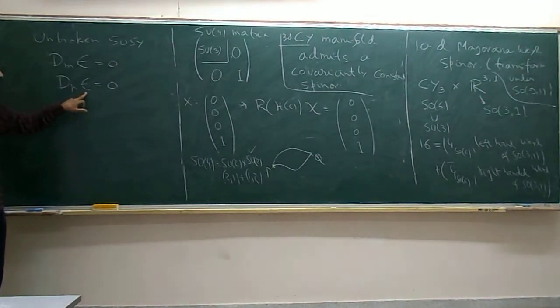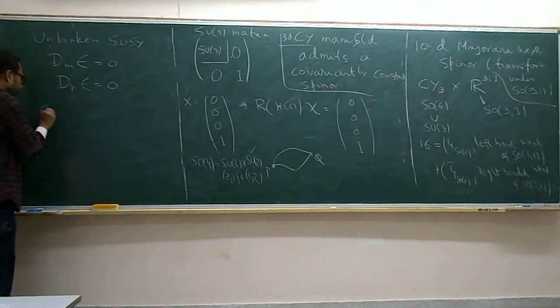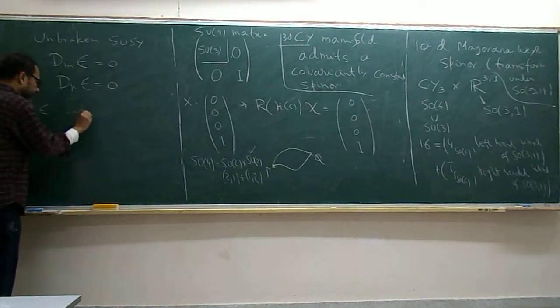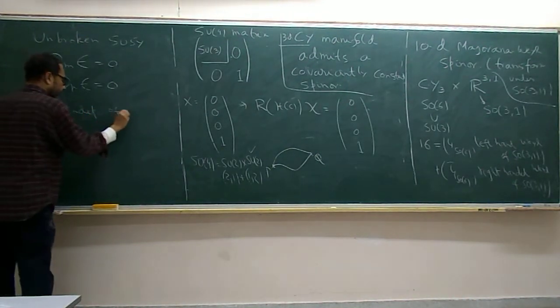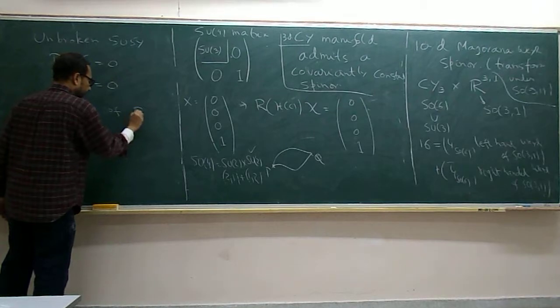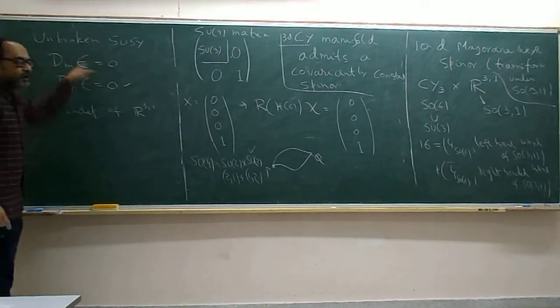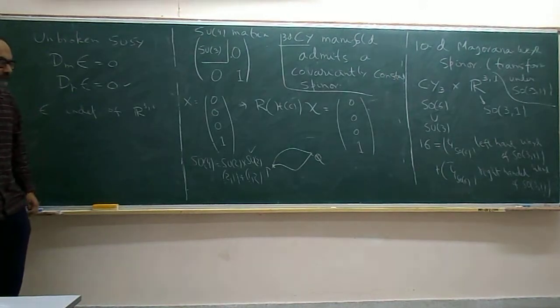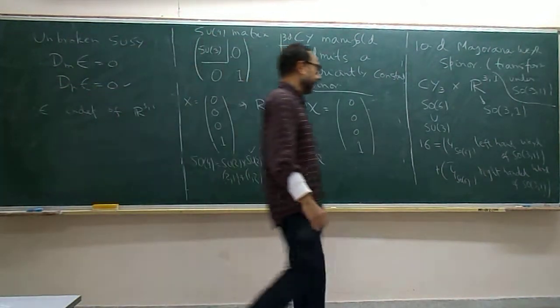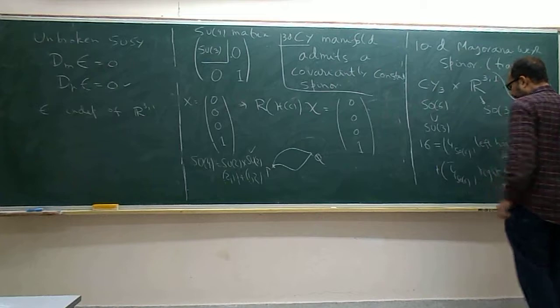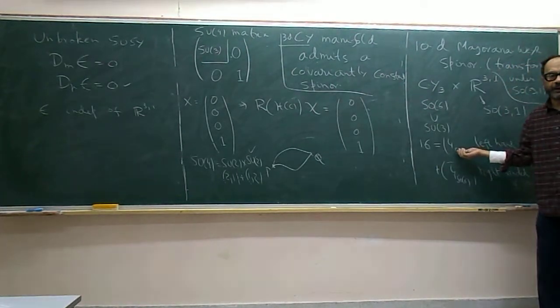If you take epsilon to be constant, independent of the 4-dimensional spacetime R^{3,1}, then this is automatically satisfied. So we will have to solve for the other one. And we know already how many solutions there are, because from this 4 of SO(6) we get one component.